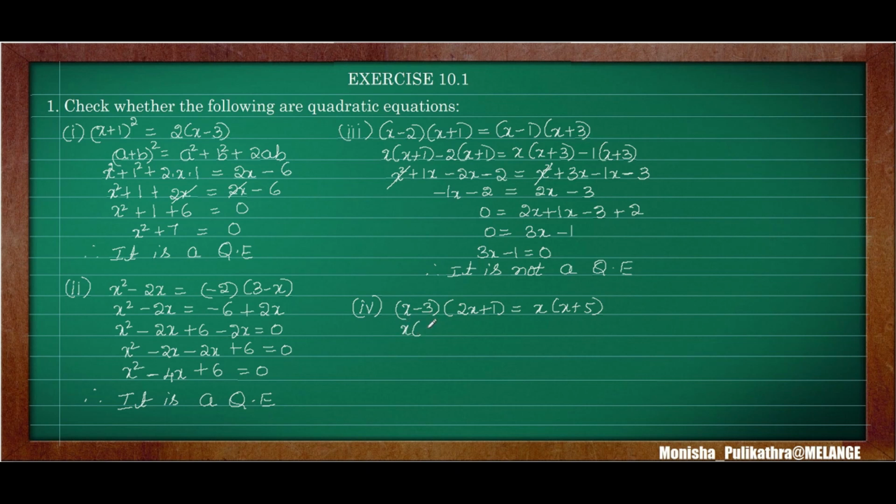So we need to multiply this x into 2x plus 1 and minus 3 into 2x plus 1 is equal to x into x, x square, plus x into 5 is 5x. So x into 2x is 2x square, plus 1 into x is 1x, minus 3 2s are 6x, minus into plus, minus 3 1s are 3.